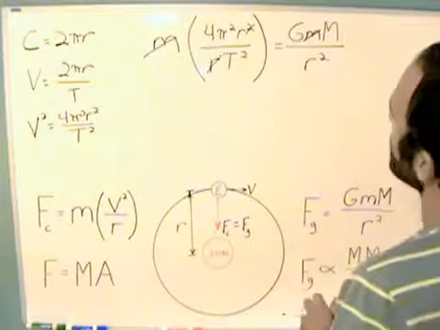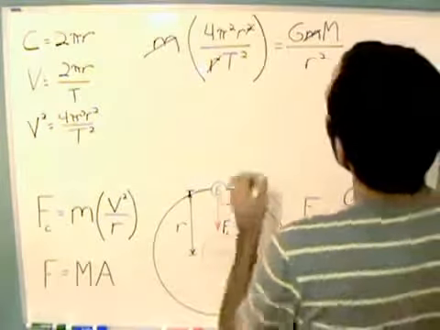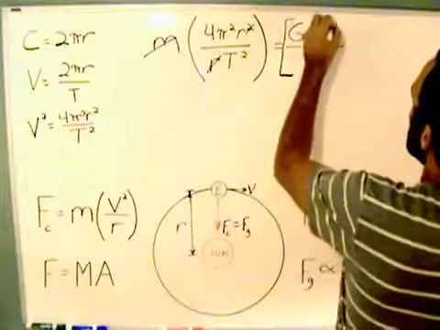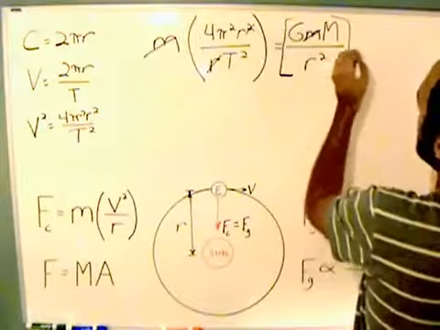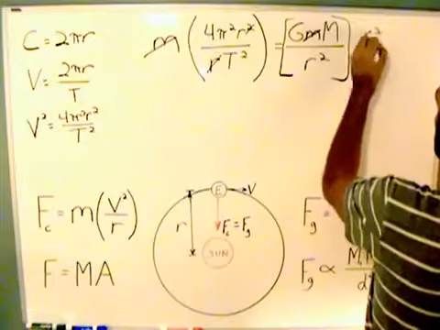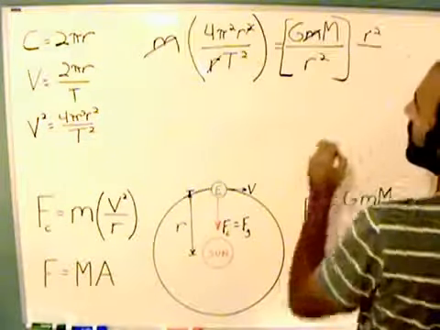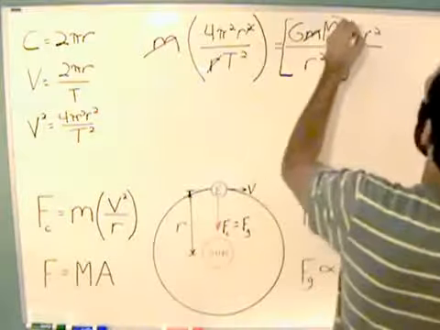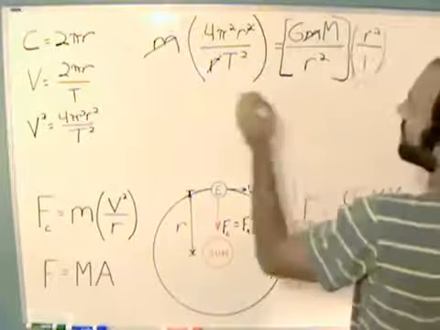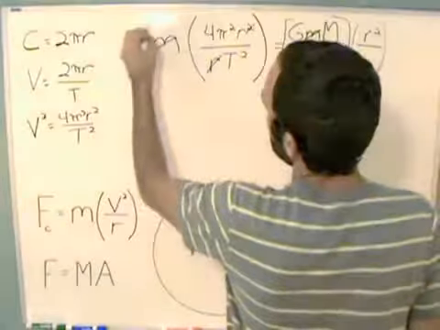So to get r by itself, we multiply this side times r squared, just do r squared over 1, and this side times r squared over 1.